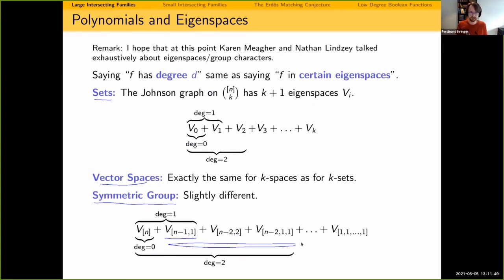And I'm telling you that because at different points, why I like different variants is motivated by this correspondence between these polynomials, eigenspaces, and families that you can identify locally.